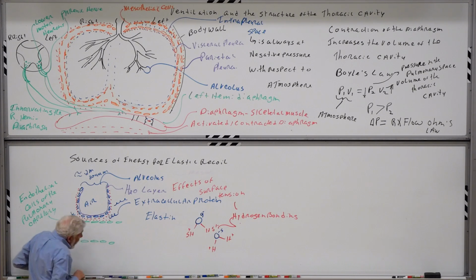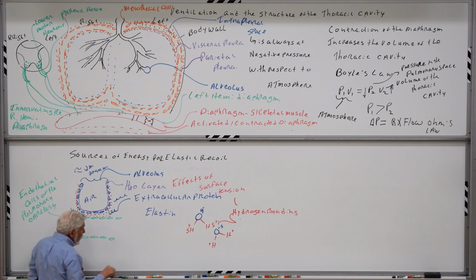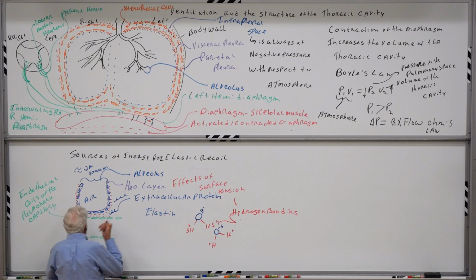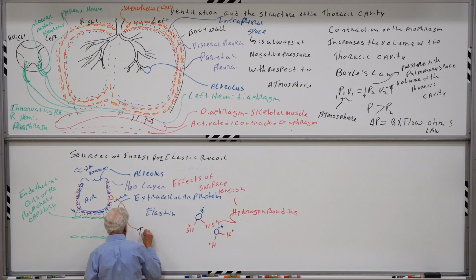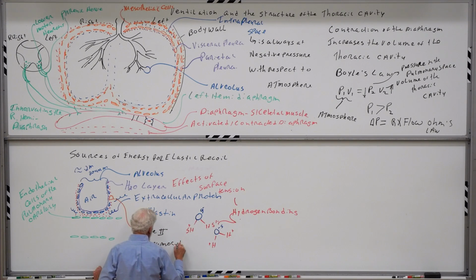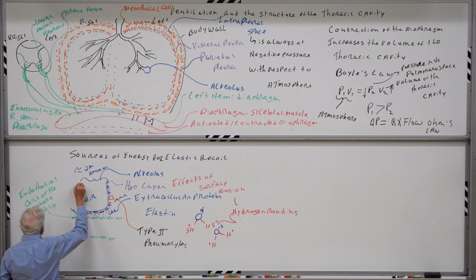And what we normally do is we have a set of cells in here, in orange. These are called type 2 pneumocytes. The blue ones here are called type 1.